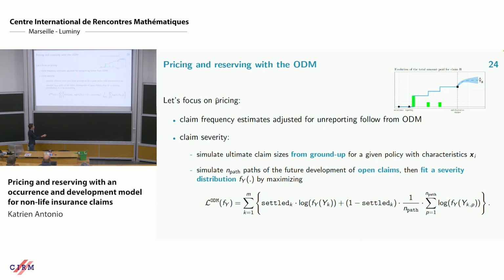But if this is an open claim, I want to use my simulated values for the ultimate claim amount. I really want to treat them differently, and if I simulated n of them, I'll give each of them a weight 1 over n or something.